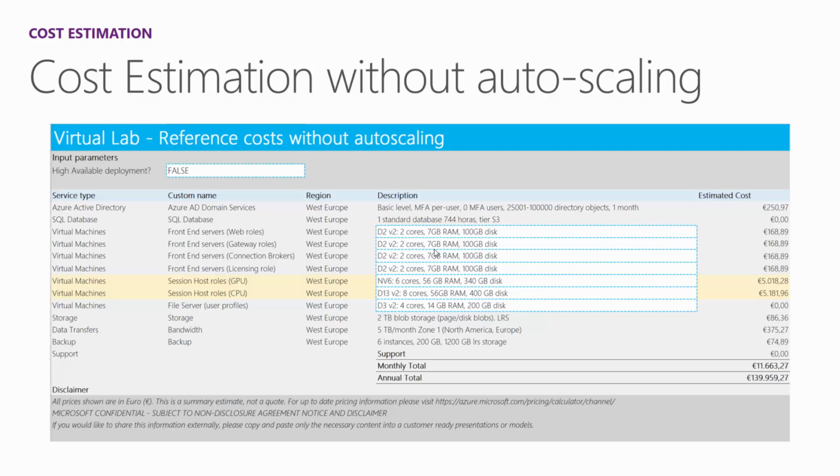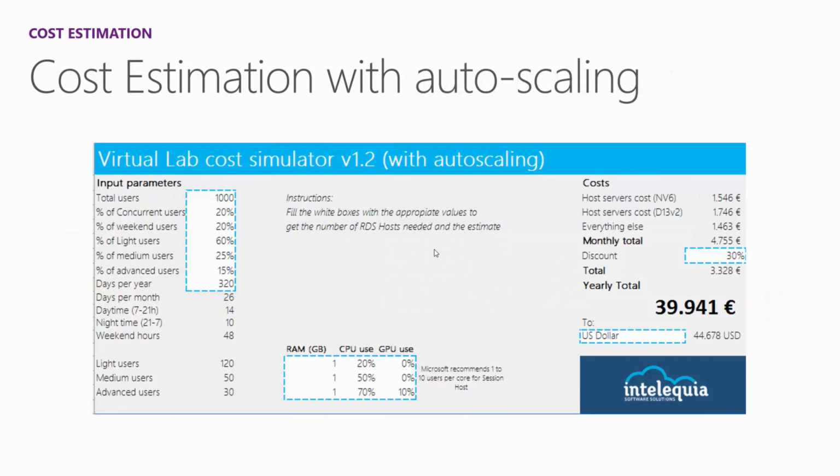Based on the machines you choose, we can simulate different numbers and show you how much it will cost using different machines. Another thing we would like to know from you is whether you want to use a highly available deployment or not. And then you can choose the number of users.